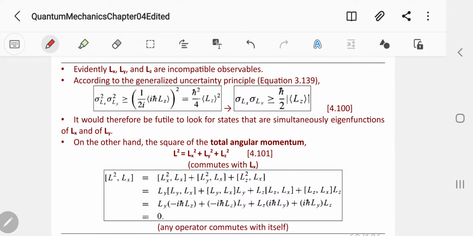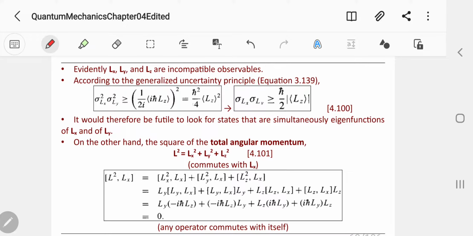Going back to chapter 3, we had the generalized uncertainty principle. When you measure Lx and Ly, or you want a precise measurement of Lx or Ly, you will be affecting Lz.